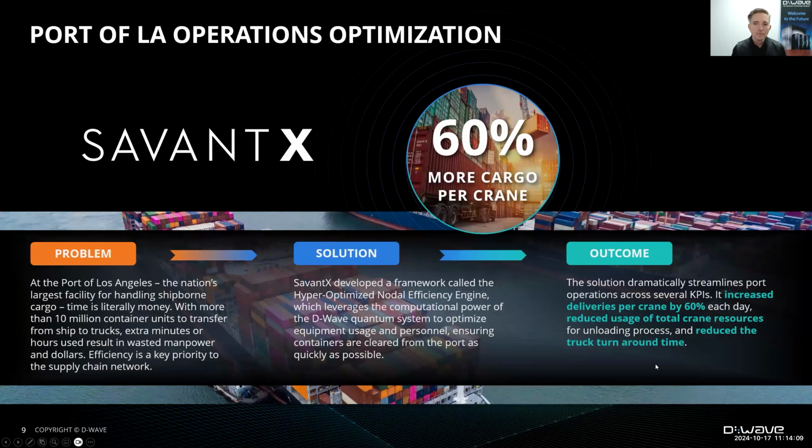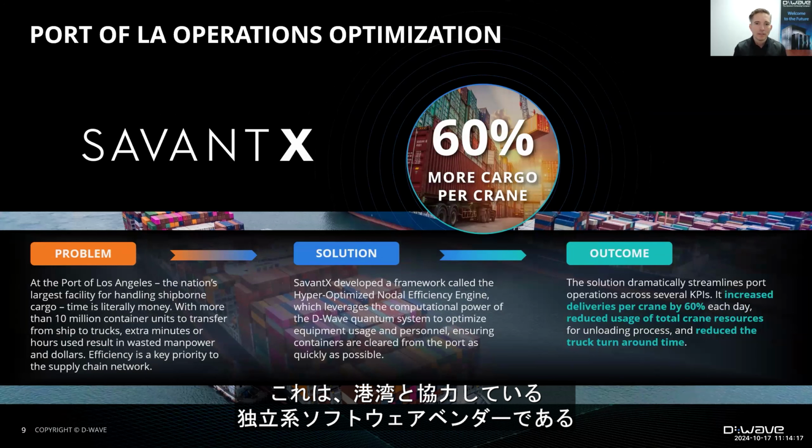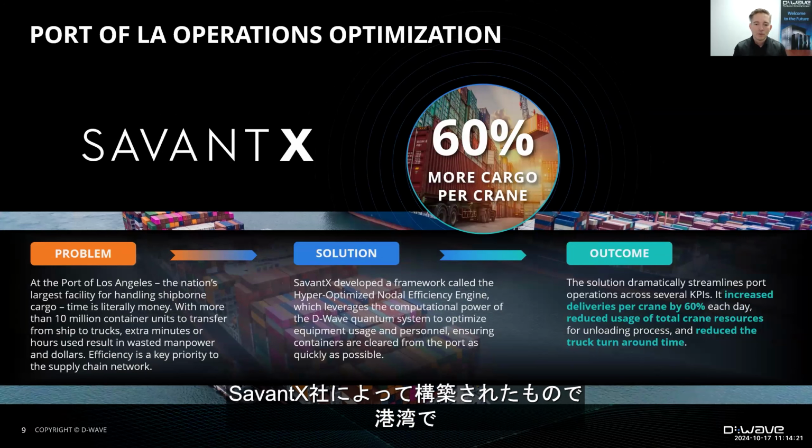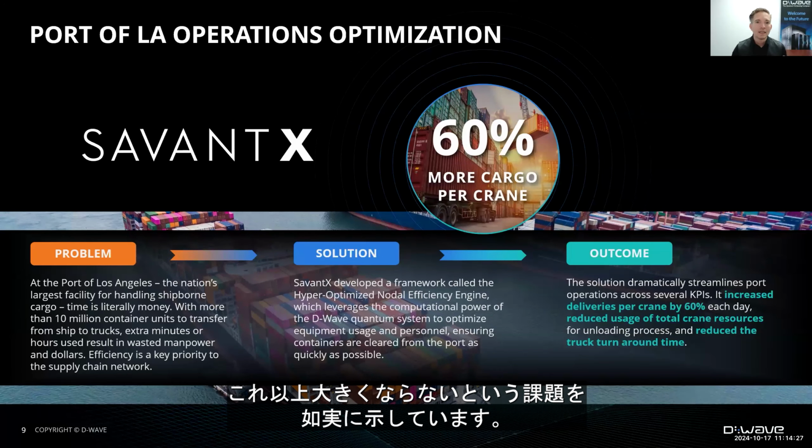Now, another example, which I think really speaks to people, is the optimization of the movement of cargo around the Port of Los Angeles. This was built by Savantex, an independent software vendor working with the port, and really showcases a challenge, which is that the real estate of Pier 300, the busiest pier at the port, is not getting any larger.